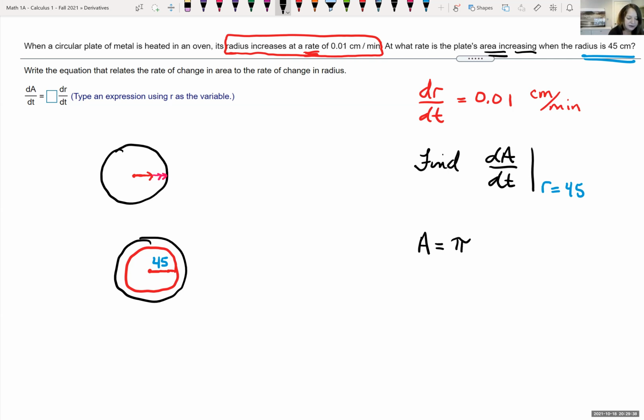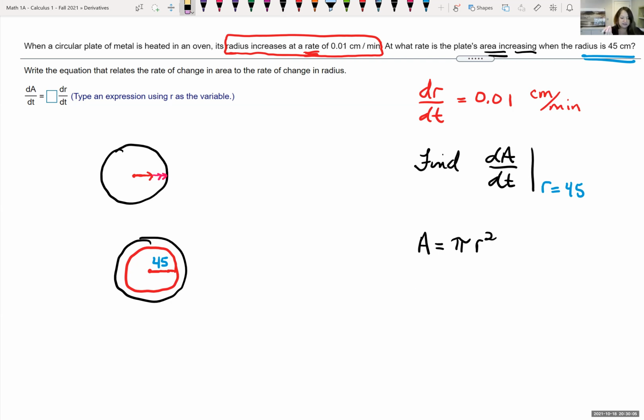That one is pi r squared. And so we have our area is equal to, first, before we put this in, we want to take the derivative of both sides. So let's take the derivative of both sides.